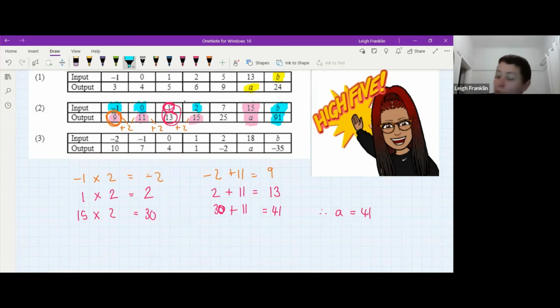Okay, all right. So what we've got to do here is we've got to reverse the process, right? So now when they give us the output, we've got to work backwards, okay? So remember, I don't know if you guys played the game Pass the Parcel when you were younger at birthday parties, but when I was a little girl, that's what we used to do. So imagine if somebody had wrapped up a present and first you put red paper on the present and then you put blue paper on the present.